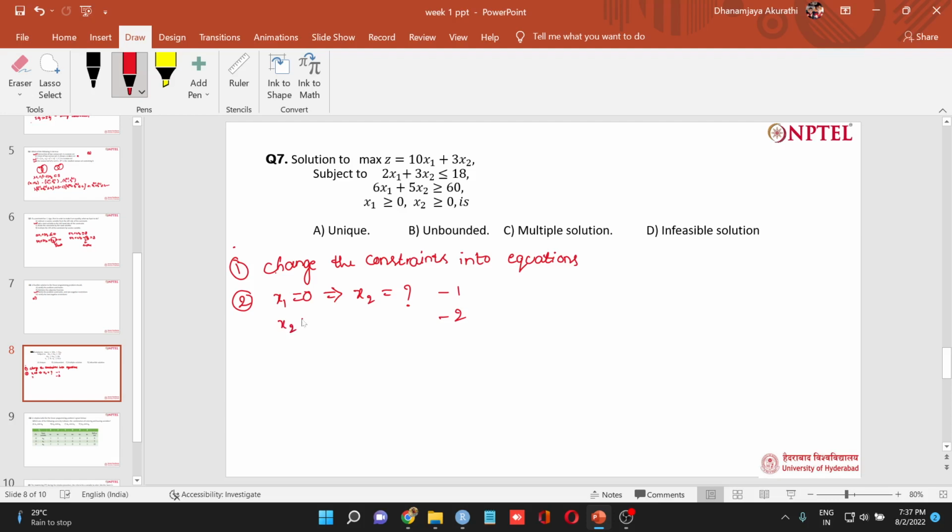Next we assume x2, the other variable, is 0 and find x1, so we obtain the x1 and x2 points. After that we plot these in a graph. The third step: if the constraint is less than or equal to type, we shade the region towards the origin, and if it is greater than or equal to, then away from the origin.